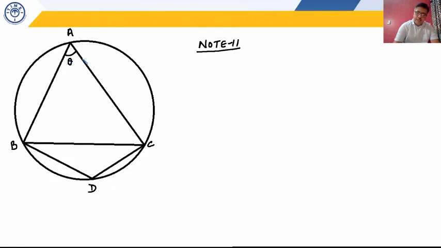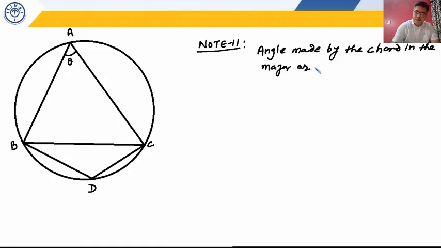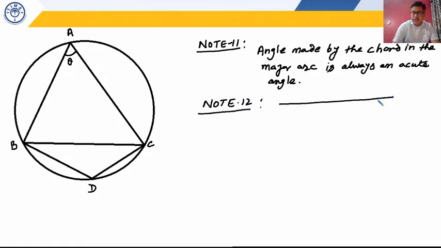If this is theta, theta is always acute angle, right? And note 12 is angle made by the chord in the minor arc is always an obtuse angle.